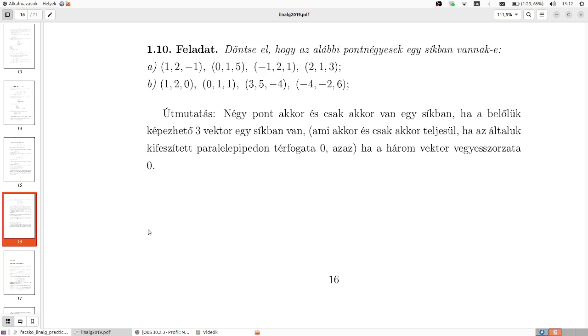If I want to calculate the AC vector, then it's nothing more than the A vector minus the C vector. Be careful, actually, a little bit, because this should be the vector which added to C gives A. So that should be this vector, but it doesn't matter.